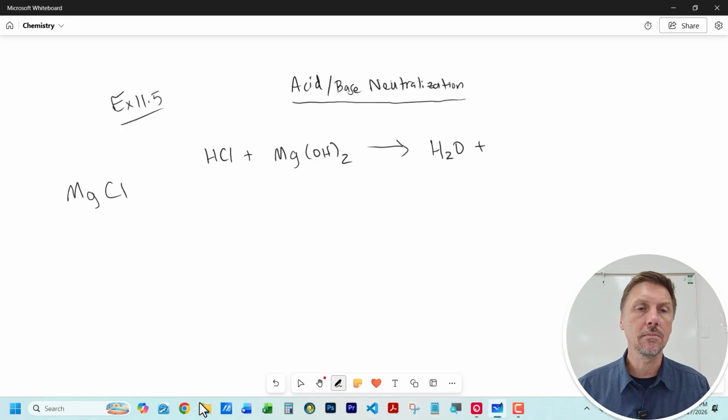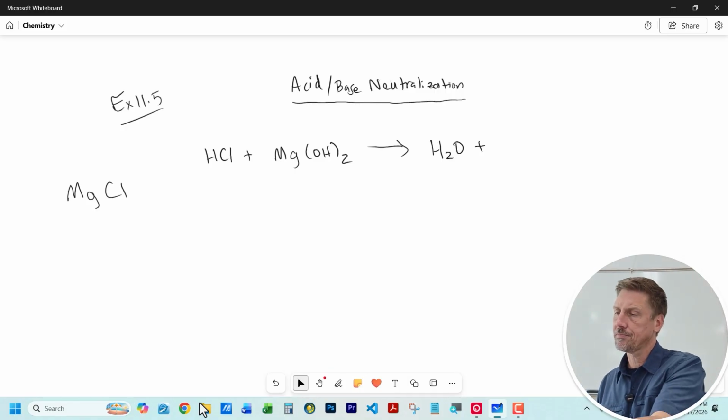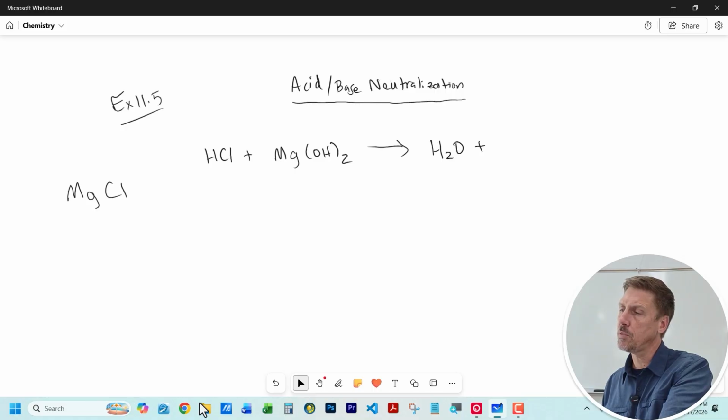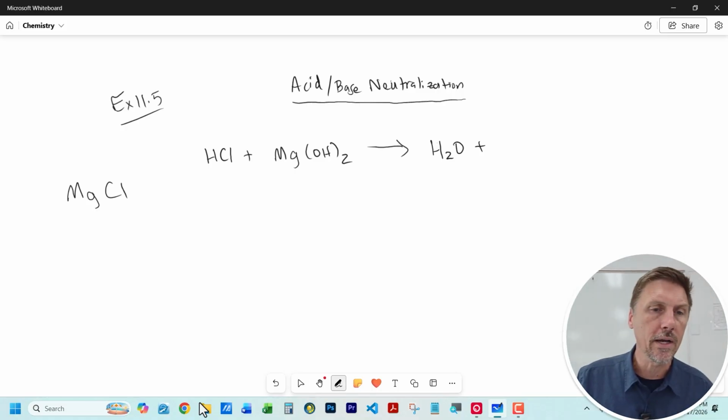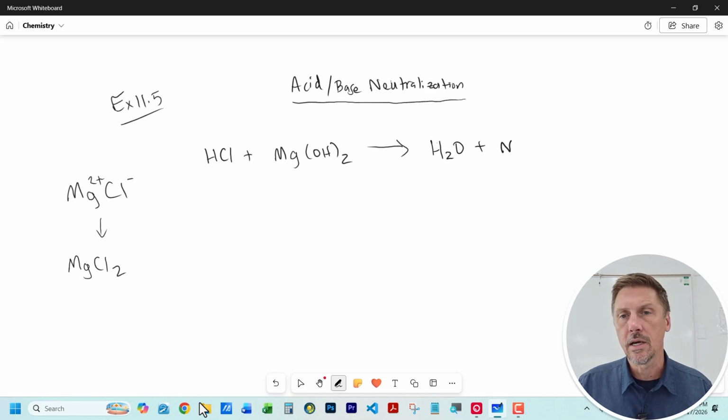And magnesium is in column number 2, right? If you look at your periodic table, so that's going to have a 2+ charge as an ion, and Cl is in column 7A, so it's going to have a 1- charge. So we're going to do a 2+ there and a 1- there. And so when we swap and drop, we're going to get MgCl2. So that's going to be the ionic compound that's produced over here.